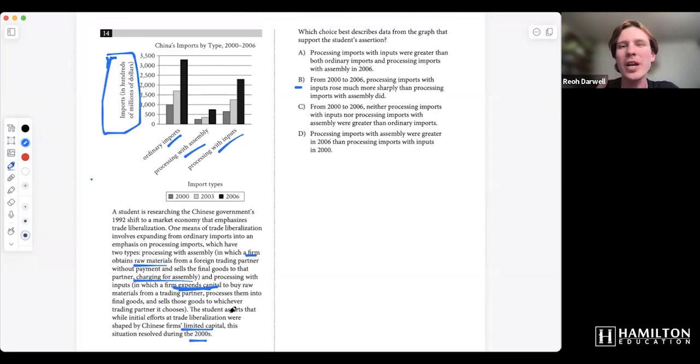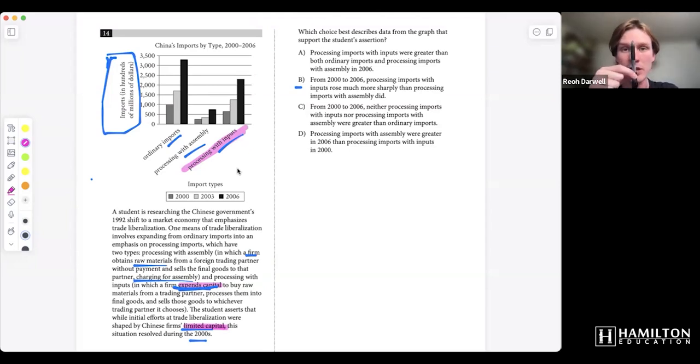Okay, so how do we know that capital is a function here whatsoever? Because I'm going to highlight both of these. Expending capital, limited capital. Okay, so you need capital for processing with inputs, but if you have limited capital, you're not able to process with inputs because you can't buy the raw materials for this pen.